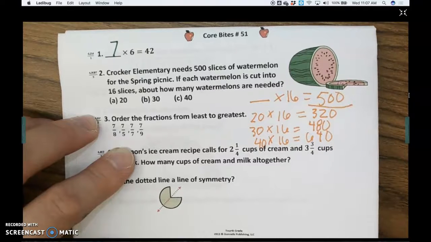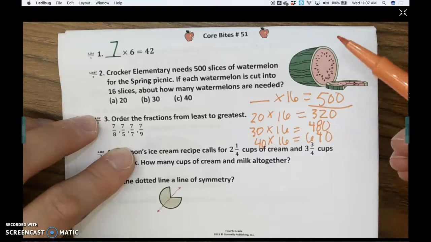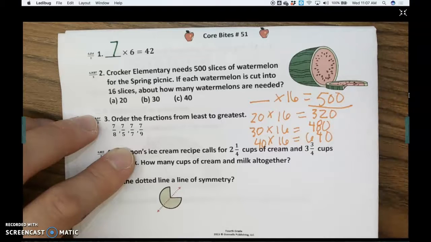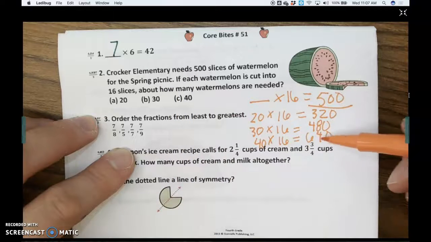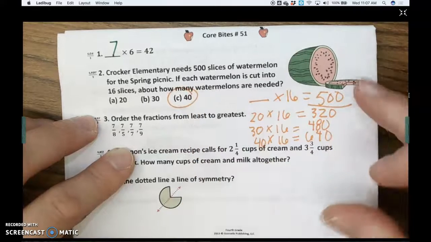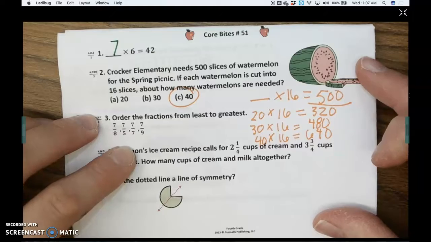And I always say it's better to have too much than not enough when it comes to food, right? So another thing we could do is if we divide 500 divided by 16, it says you're going to need 31, and then it's going to have a remainder. Like I said, you've got to have at least 500. So it's better to have more in this situation and have some left over, because you know there's going to be kids who are going to want to take it with them. So I say let's go with the 40, because I would rather have too much than not enough.